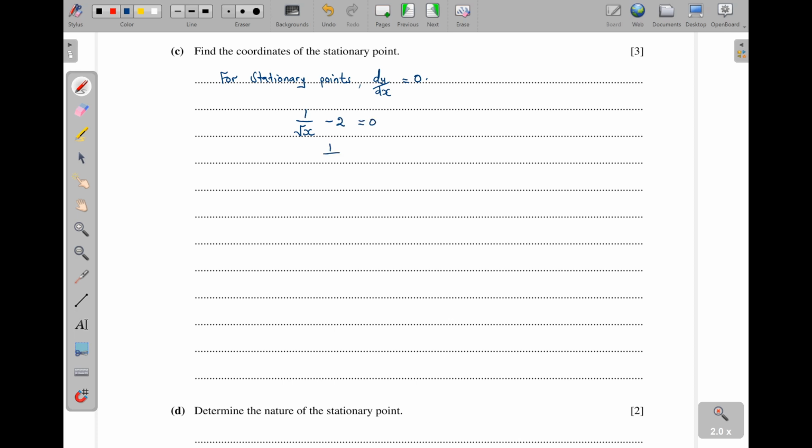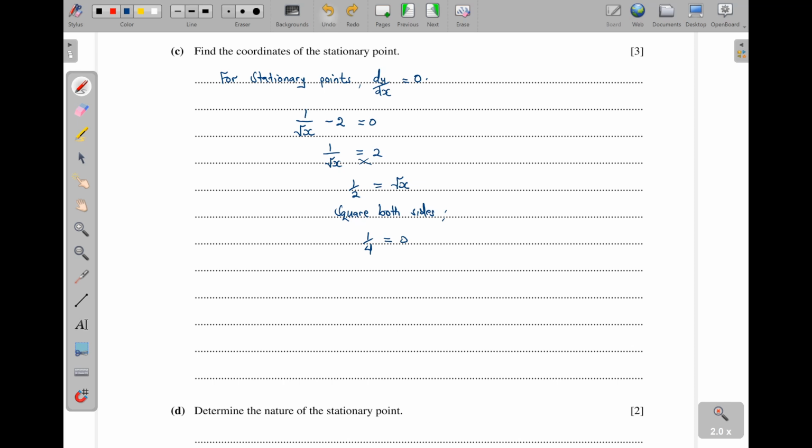So 1 over square root of x is equal to 2. When you cross multiply, I'll bring this one here, then I take the square root of x, and then we can square both sides. So when we square both sides of the equation, this one will be a quarter, and this one becomes x.